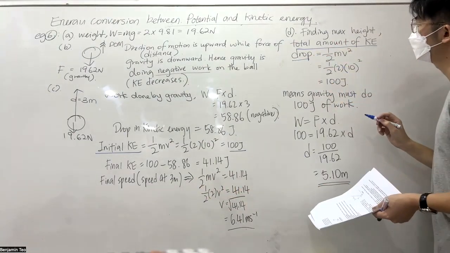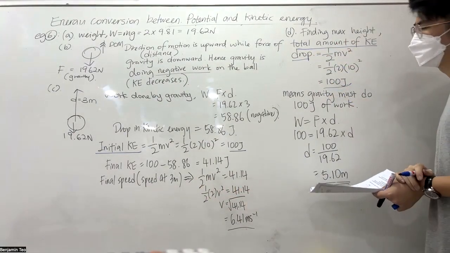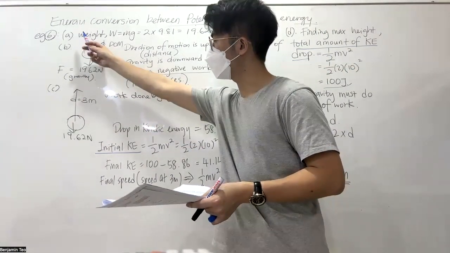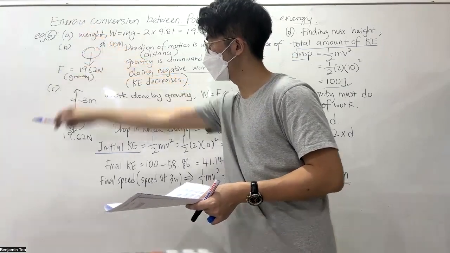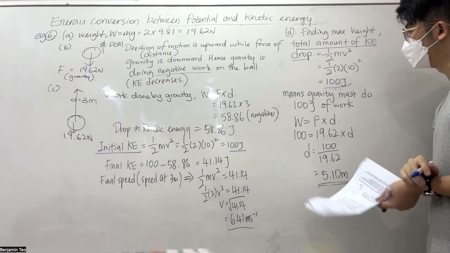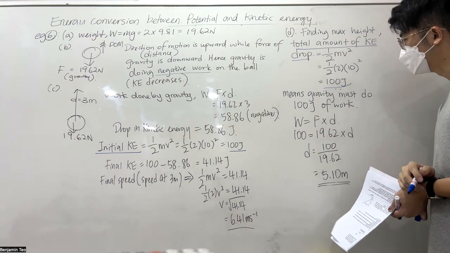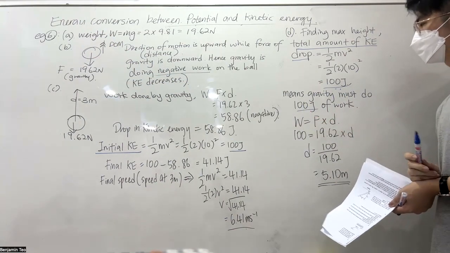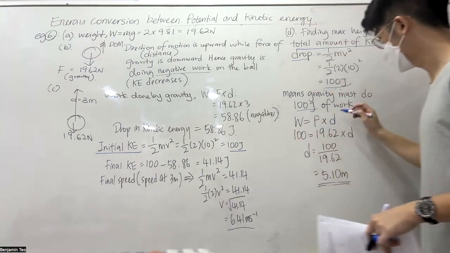How much total amount can you drop? 100. You have 100 to start with. To reach max height, KE becomes 0. So the total drop is 100. Then gravity must do 100 joules of work, taking away the 100.